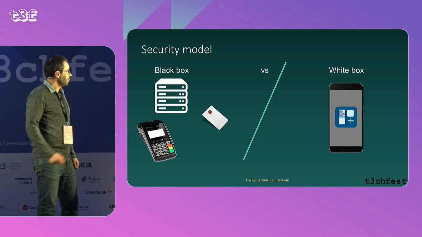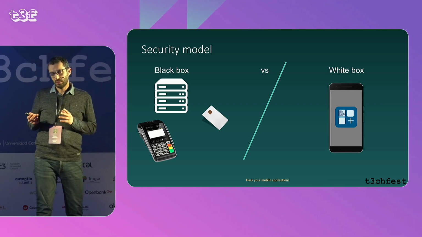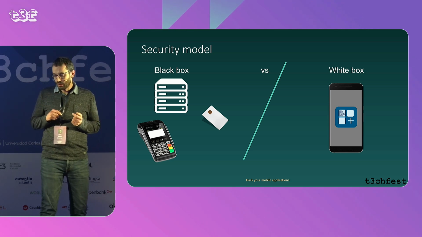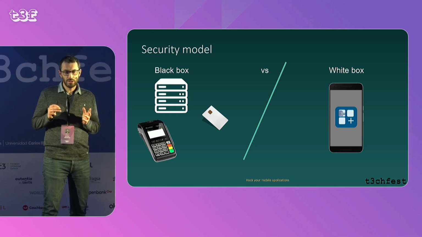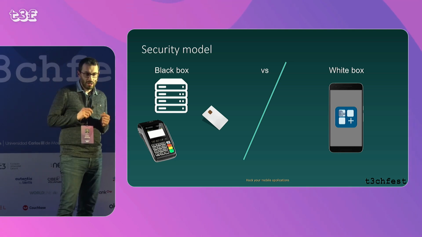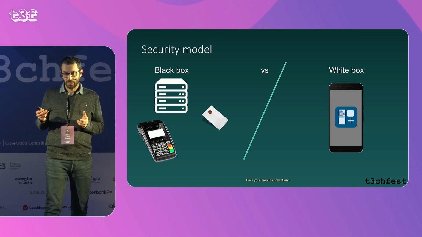Before doing this, I will explain what security model we are concerned with here. Usually there are two security models: black box and white box. Black box concerns servers, or here you can see payment terminals or smart cards.